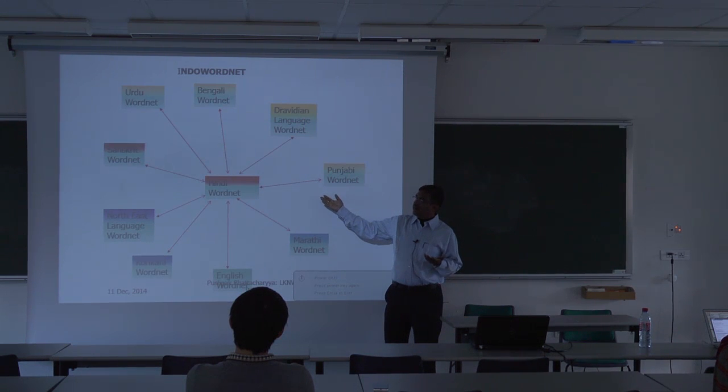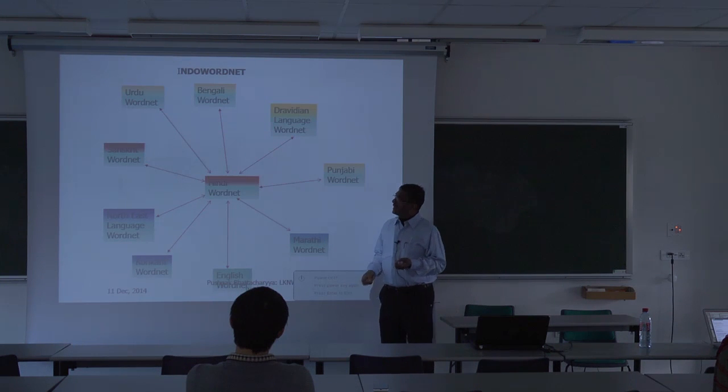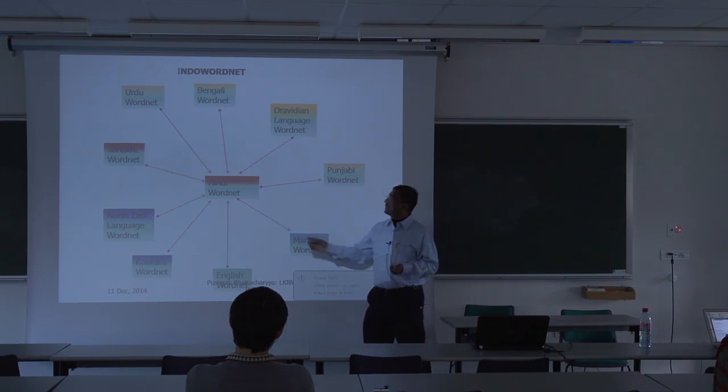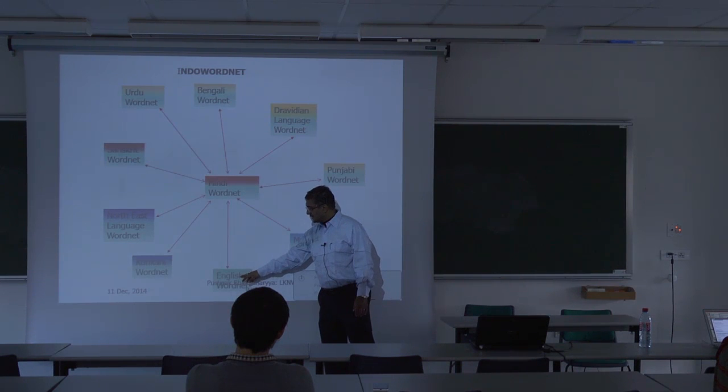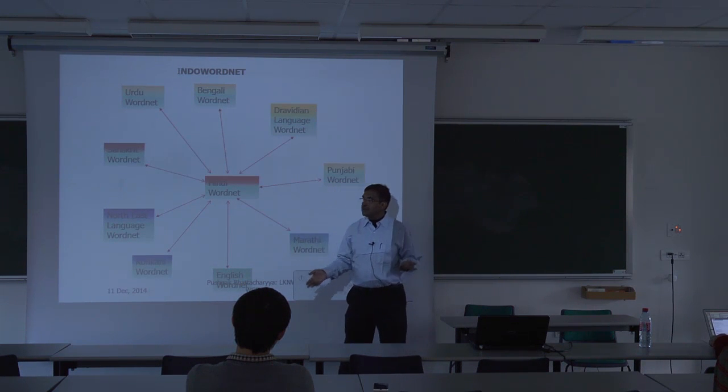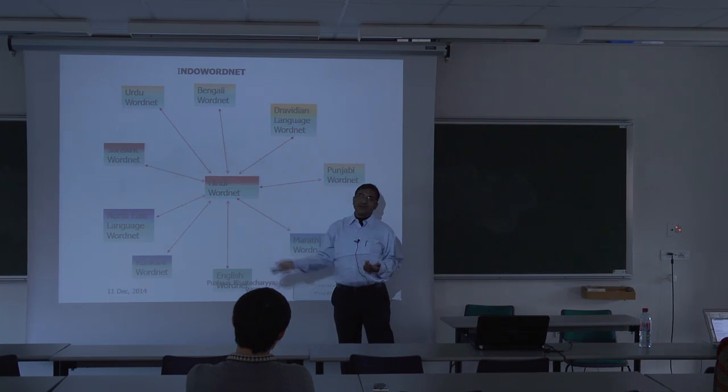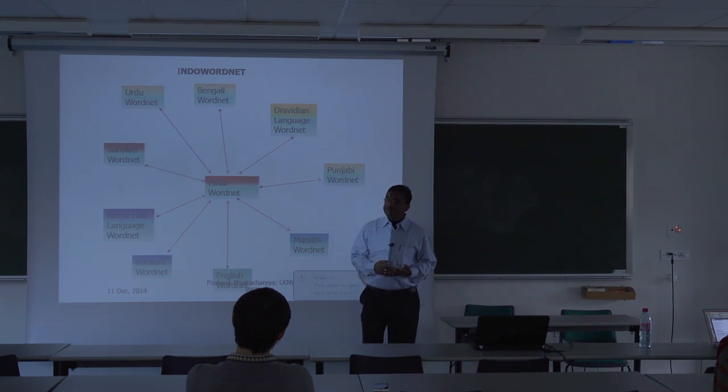Similarly, European Wordnet, and there is this Chinese, Japanese, Korean Wordnet, and so on and so forth. So there is a large scale effort all over the world to create wordnets and link them amongst themselves. Okay. So Hindi is linked to English, English is linked to European Wordnet. So indirectly we are also linked to the European language wordnets.